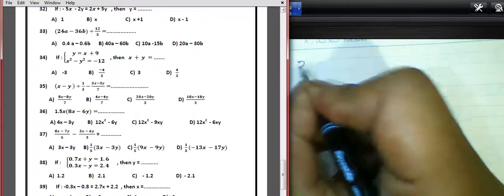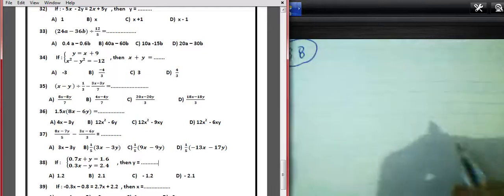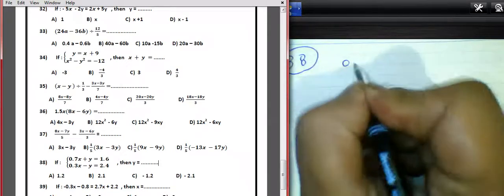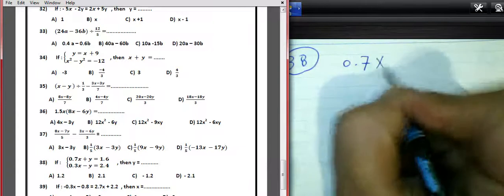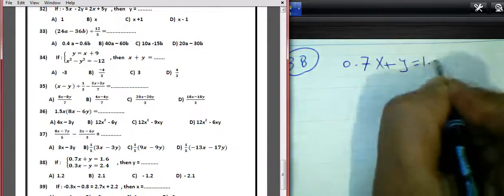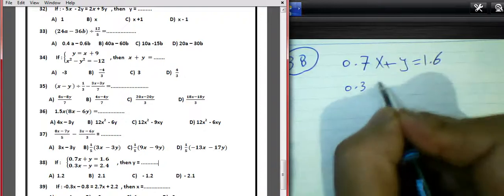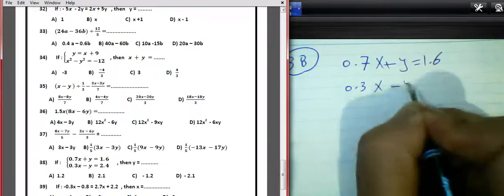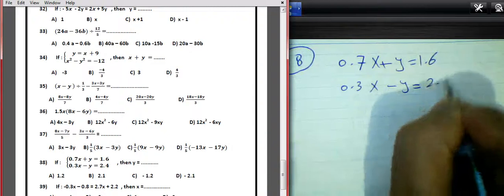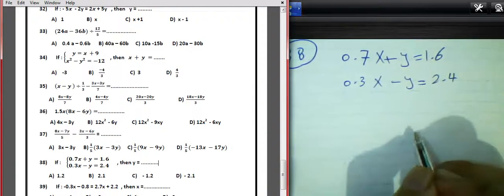He gave us two equations and he wants us to find the value of y. He told us 0.7x plus y equals 1.6 and 0.3x minus y equals 2.4, and you want to find the value of y.